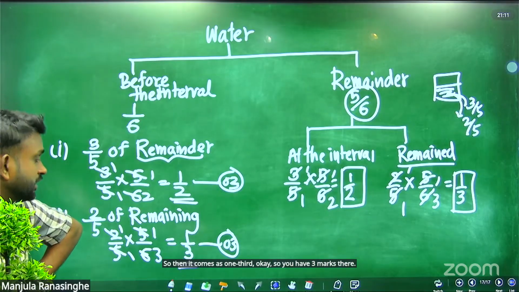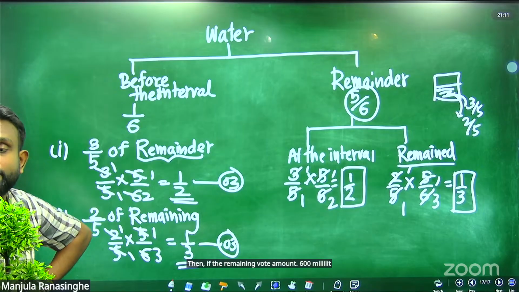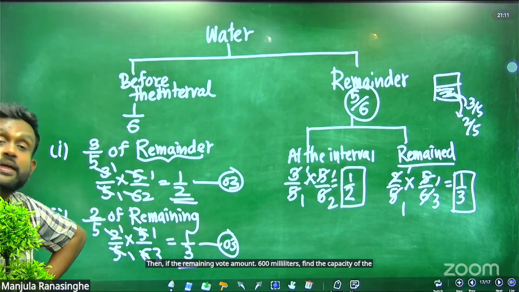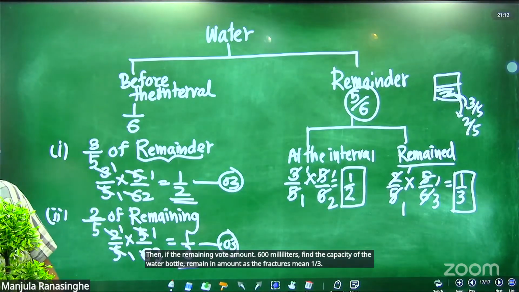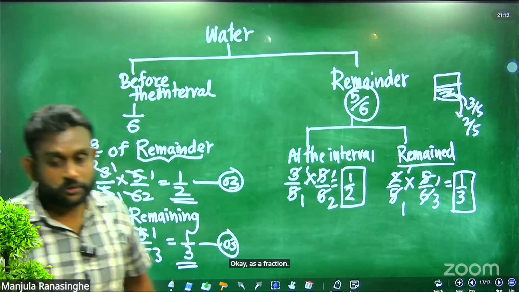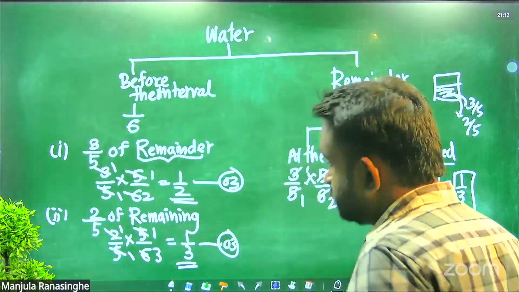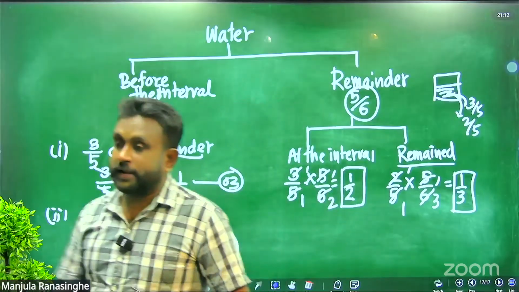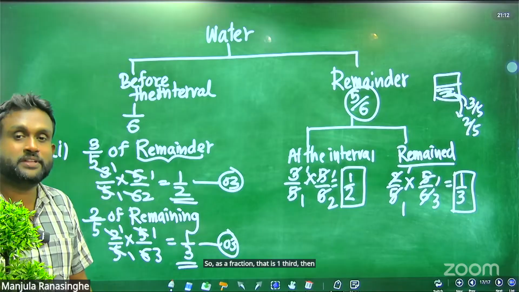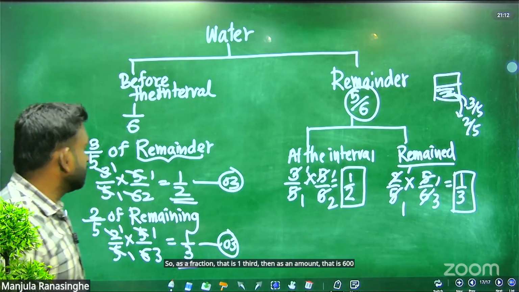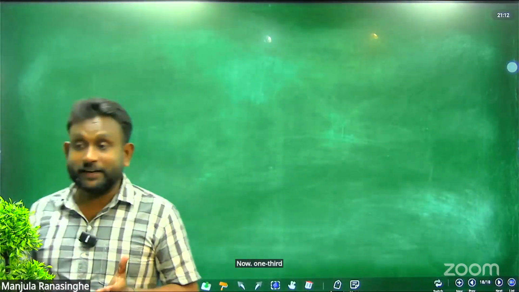Then, if the remaining water amount is 600 milliliters, find the capacity of the water bottle. The remaining amount as a fraction is 1/3. So as a fraction that is 1/3, then as an amount that is 600 milliliters. Now 1/3 is the remaining at last.